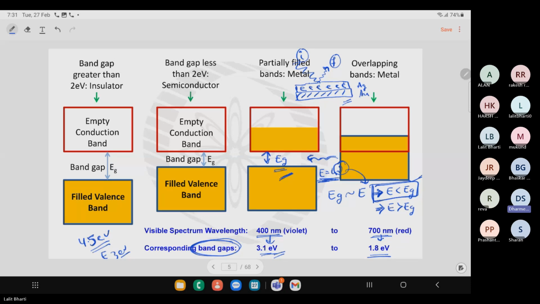Sir, my question is at what condition is a metal materially transparent to parts of the visual spectrum, given band gap energy levels like 3.1 electron volt to 1.8 electron volt? So the point here is we don't talk about band gaps in metal because metals do not have band gaps.